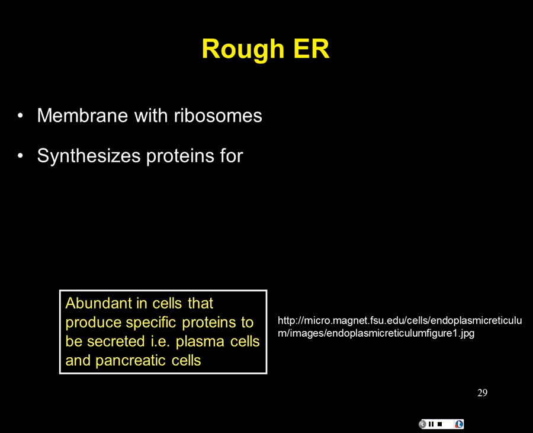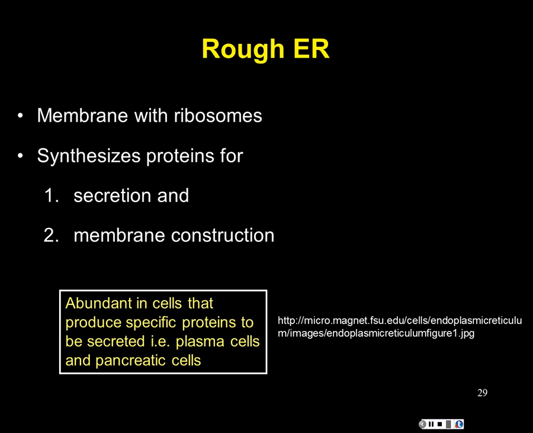Additionally, remember all those proteins that I drew on the board last week, channels, transporters, glycoproteins, etc.? Those were made where? In the rough ER. Yes, it makes proteins, but it's proteins that will be incorporated in the cell membrane, as I've listed here, item 2, or secreted out of the cell.